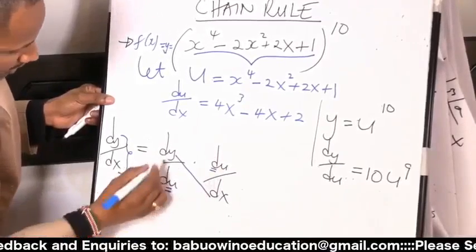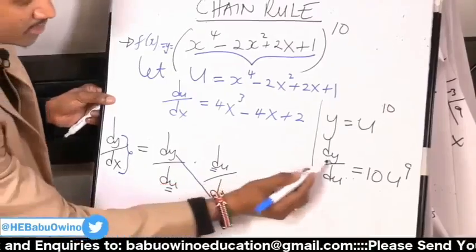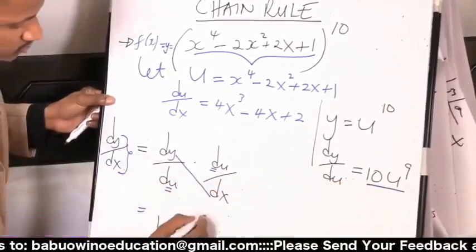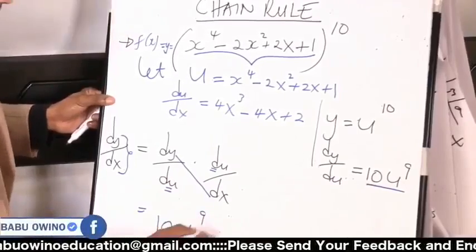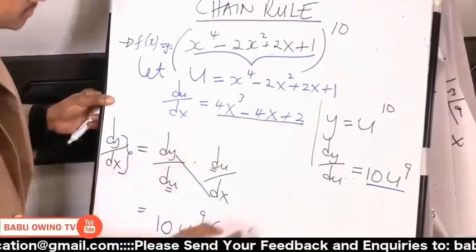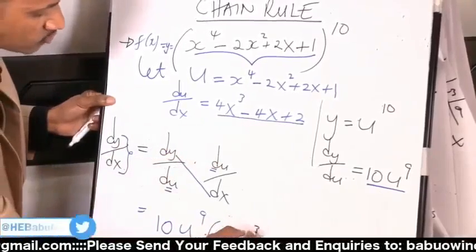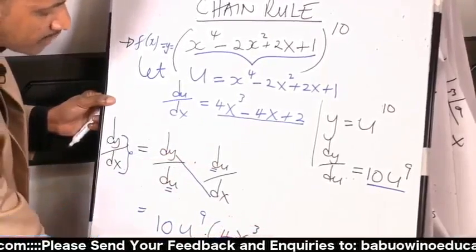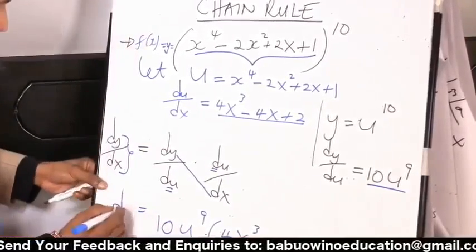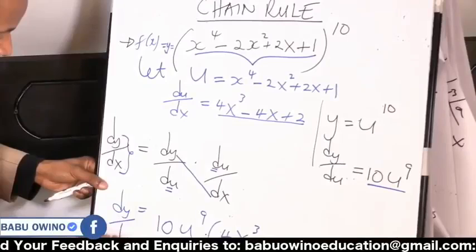So what is our dy du? Our dy du is 10u raised to power 9, times du dx. Our du dx is 4x cubed minus 4x plus 2. But we want our answer in terms of x.